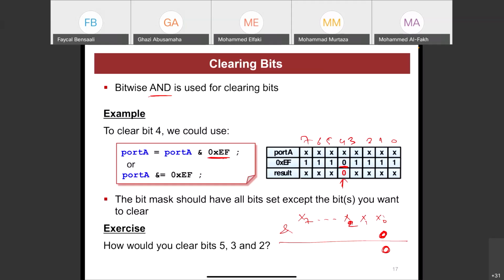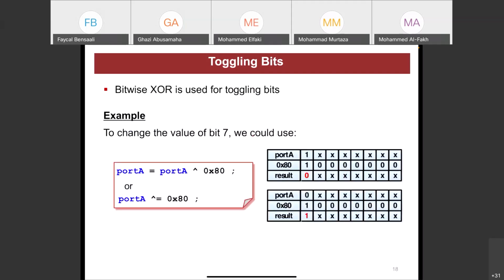We'll move now to toggling. Toggling a bit. To toggle, we use the XOR. So you know that when you do XOR: 0 0 is 0, 0 1 is 1, 1 0 is 1, 1 1 is 0. So if I have 2 bits, X, Y, and here Z, 0 XOR 0 is 0, this is 1, this is 1, and this is 0.